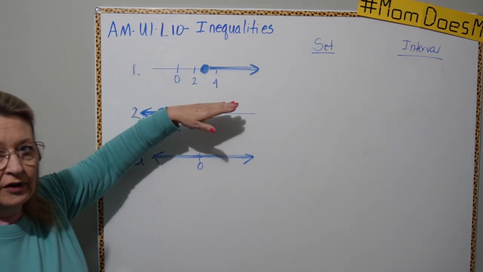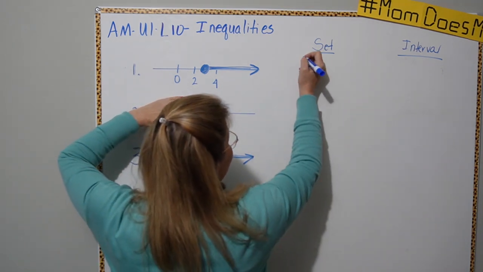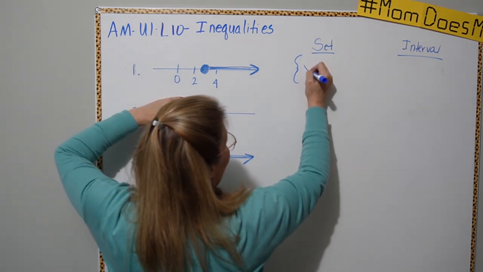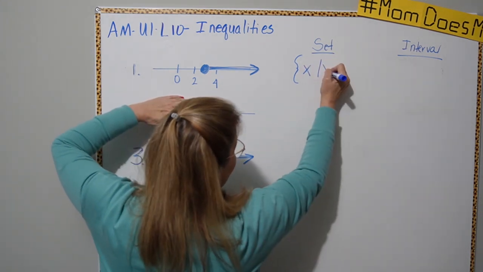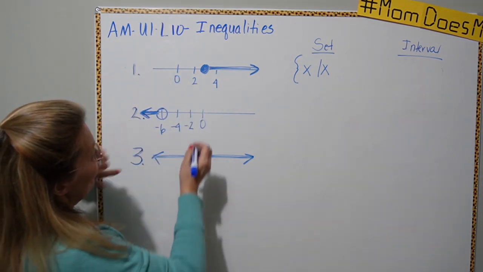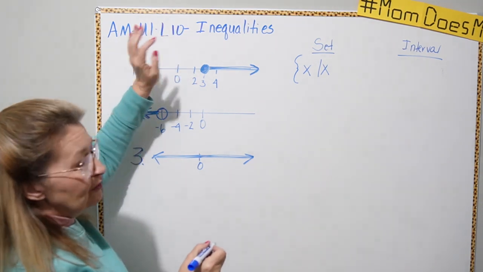Okay, here's number 1 on your guided notes. So I need to write this first of all in set notation. So that's going to start with the bracket, x such that x. They all start like that. Okay, now my graph starts here at the 3, and it has a closed dot.